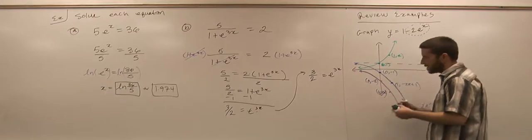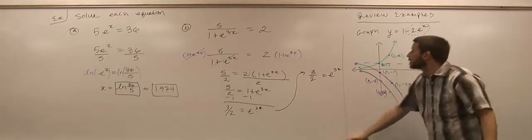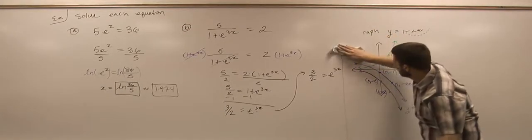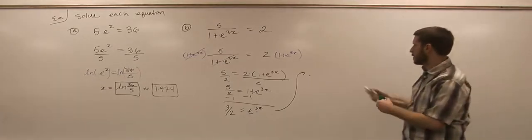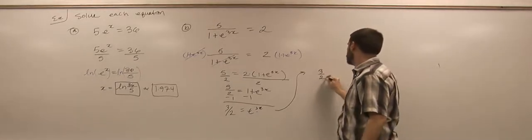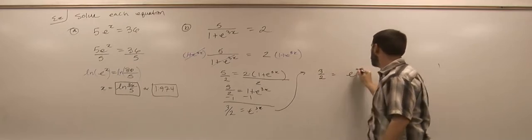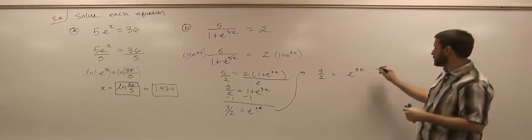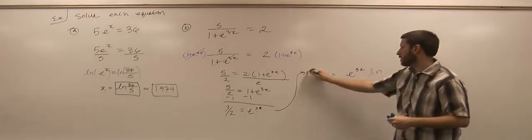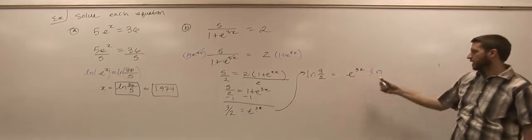Then you can get rid of the e by taking the natural log of both sides. By the way, please don't ever write the natural log over here just because you can't fit it in.